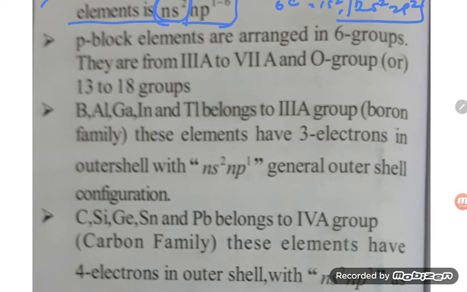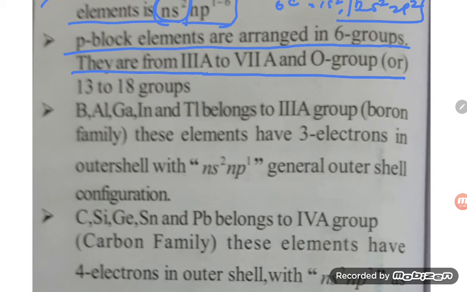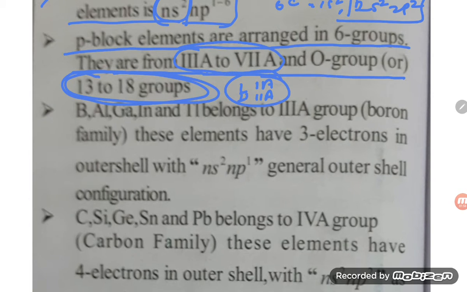Next point. P block elements are arranged in 6 groups. They are from 3A to 7A and the 0 group, that is groups 13 to 18. See, students, the first group is 1A, the second group is 2A. Then 13 group is 3A, 14 group is 4A, 15 group is 5A, 16 group is 6A, and 17 group is 7A.